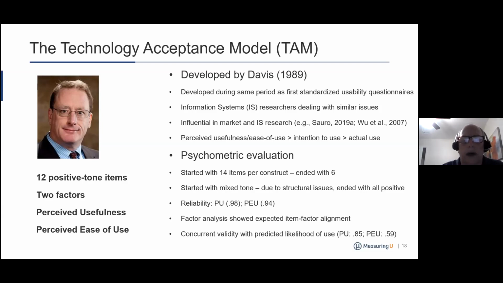With those two constructs, they're able to do a pretty good job of determining the relationship between those and someone's intention to use, and then their actual use in the original research. Because they demonstrated a relationship between intention to use and actual use, that allowed a lot of people to explore other aspects of technology acceptance by just seeing how various variables affected perceived usefulness and ease of use.